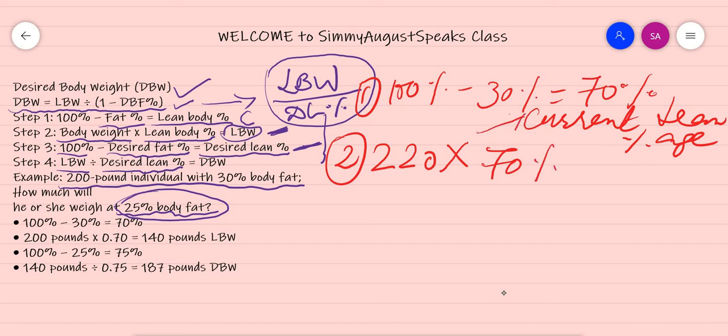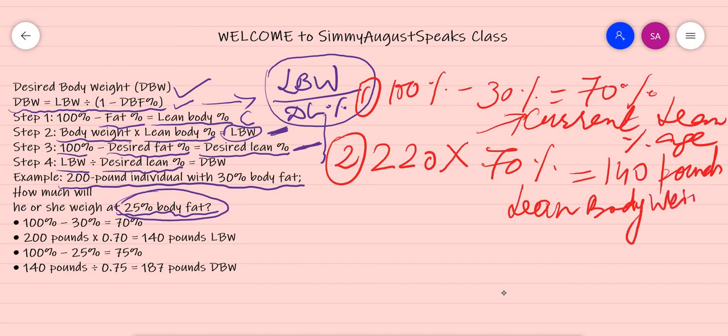Remember, first step 70%. So you will get 140 pounds. That is basically your lean body weight. Since your current lean percentage is 70%, lean body weight is 140 pounds.